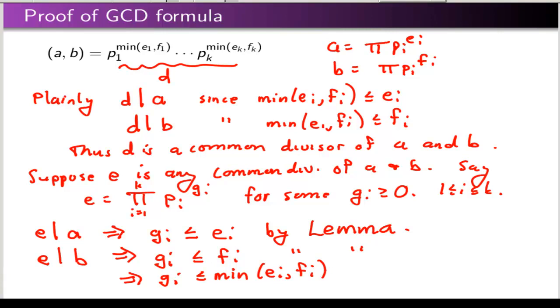And once we have that, all of these are smaller than the minimums, therefore E is a divisor of D. QED. So we were trying to prove that D was the greatest common divisor. Not only did we prove that D is the greatest common divisor, we've also proven that every common divisor is a divisor of D. So we have given another proof of this theorem we started with.